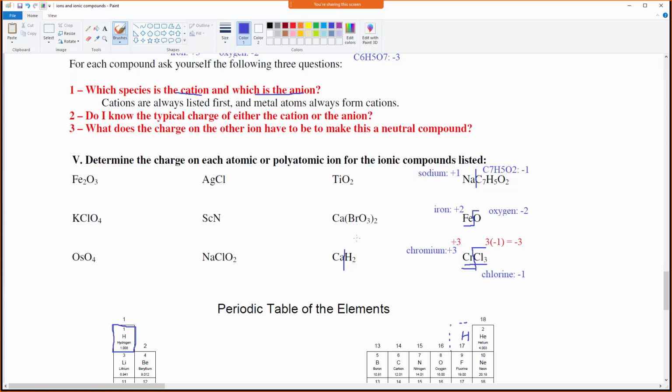The H is what is confusing. What's the typical charge on calcium? Typical charge on calcium is 2+. So maybe we could use that to explain what's going on here.